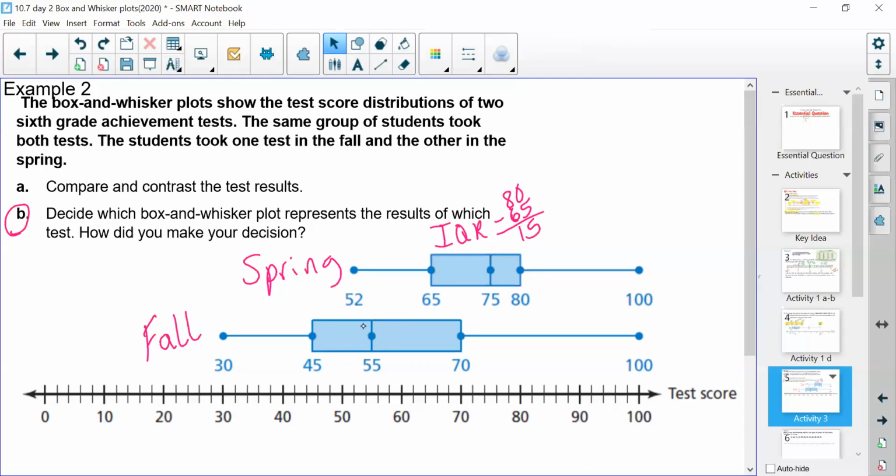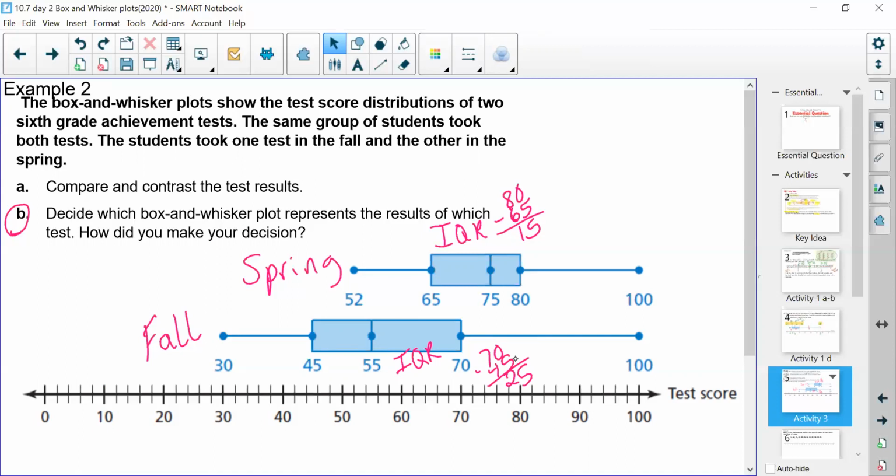Then I look at the interquartile range for the fall, and I can take 70 minus 45, and that's 25. So do you see how 50% of my data is a lot more spread out in the fall than in the spring? I had a lot less variability in the spring than in the fall. So when it says compare and contrast those test results, I think there's less variability in the spring. And the interquartile range is definitely larger in the fall than it was in the spring.